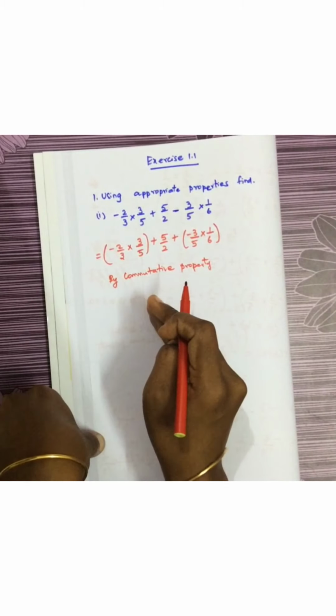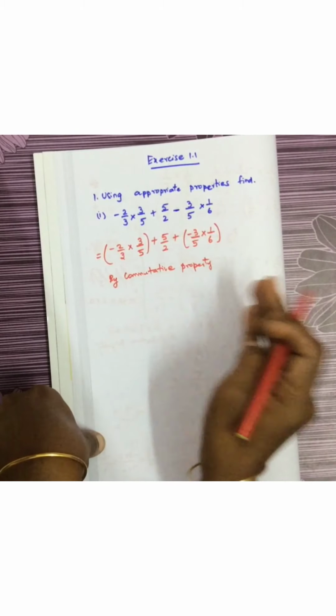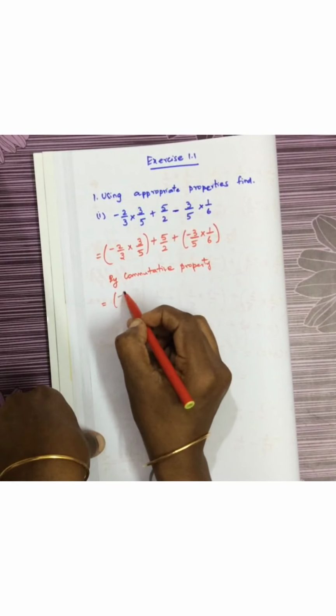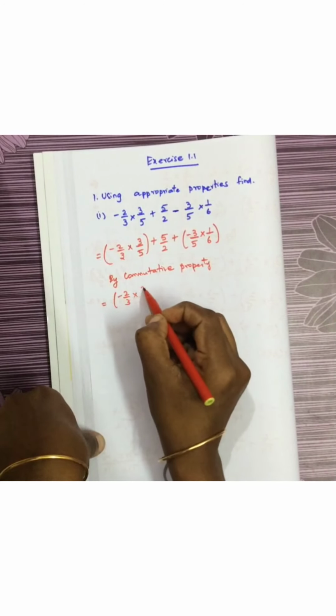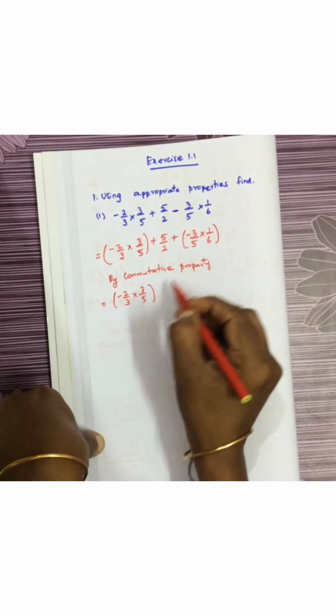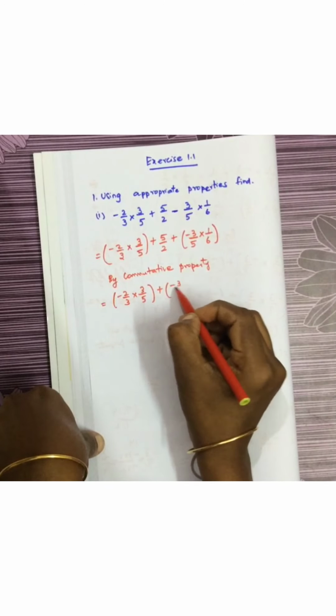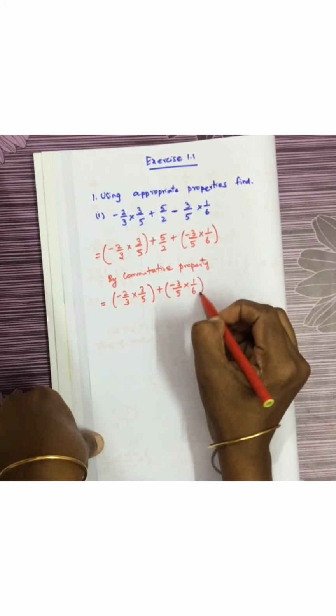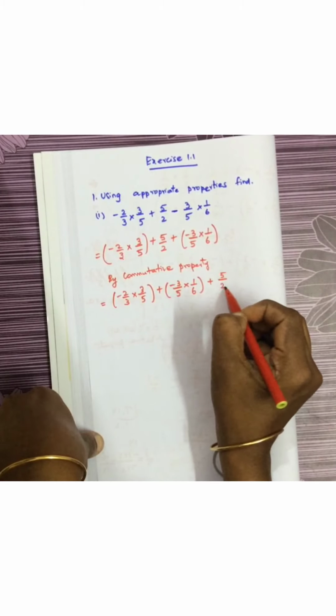Either you do a plus b, or you can do b plus a, both will remain the same. So that is equal to minus 2 by 3 multiplied by 3 by 5, shifting of terms, minus 3 by 5 multiplied by 1 by 6 plus 5 by 2.